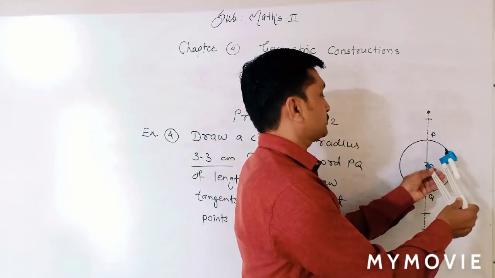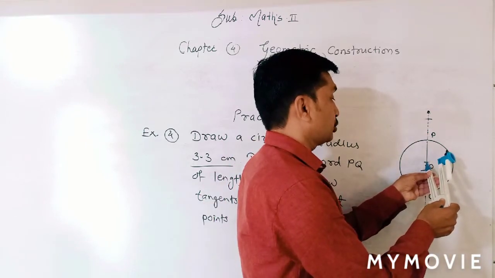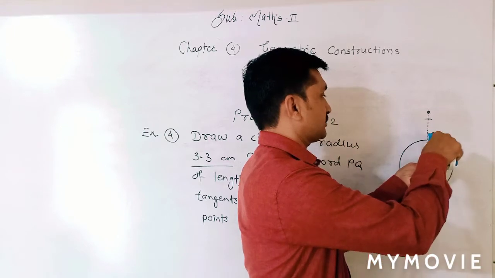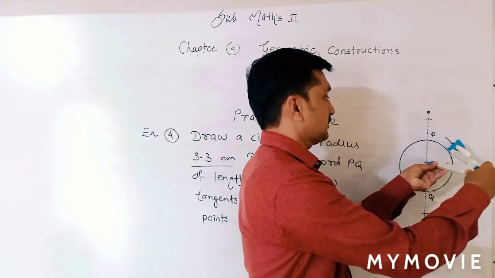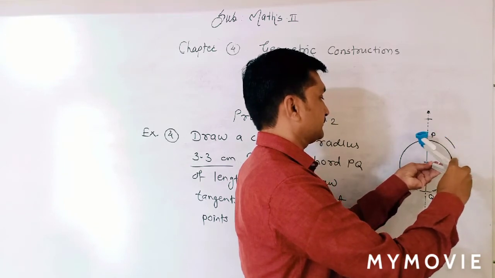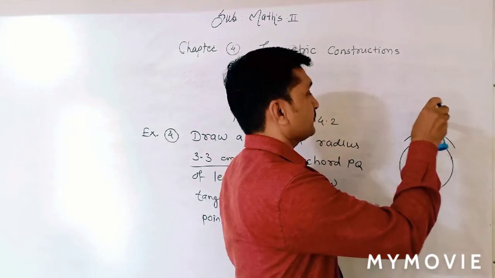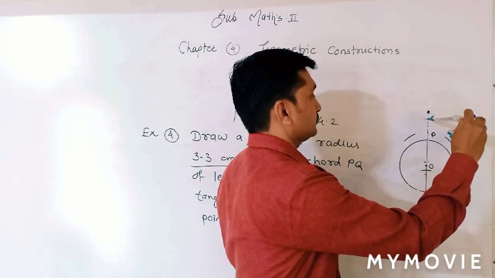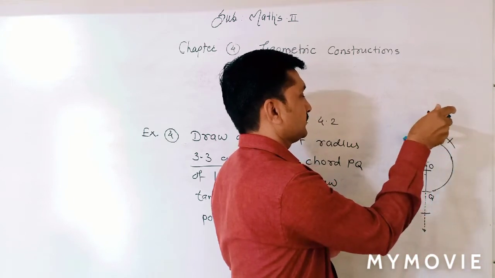Now first put the pointed end on this arc, not on O, on this arc. Take more than half the distance, more than half means more than P. Draw one arc to the right and a second arc to the left. In the same way, from this arc, let them intersect, right and left.